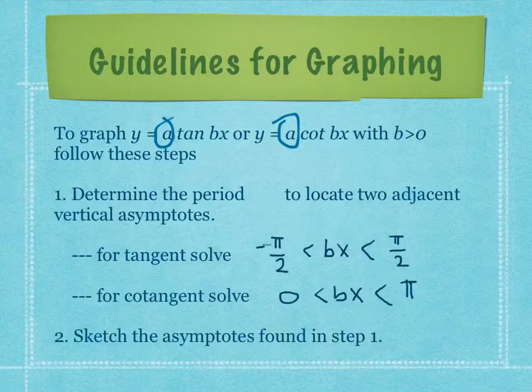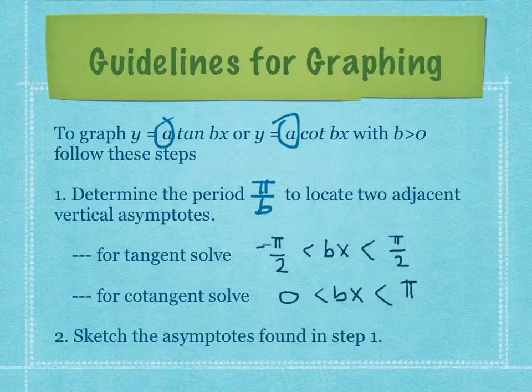The b value changes the period. So to determine the period, it's pi over b, and then you locate 2 adjacent vertical asymptotes. So in reality, if you're asked to find the period, you'll find pi over b. But if you're actually asked to draw the graph, you can draw it by finding these 2 adjacent asymptotes.